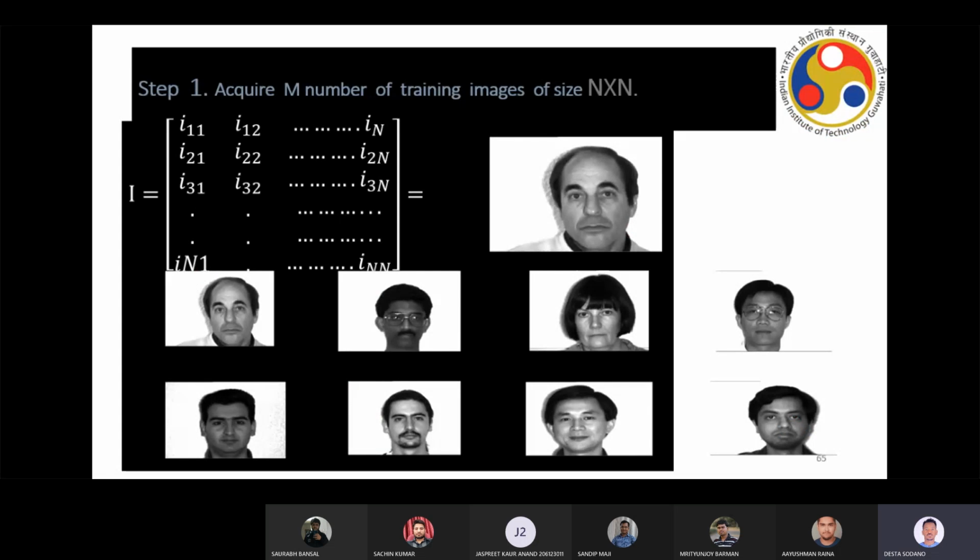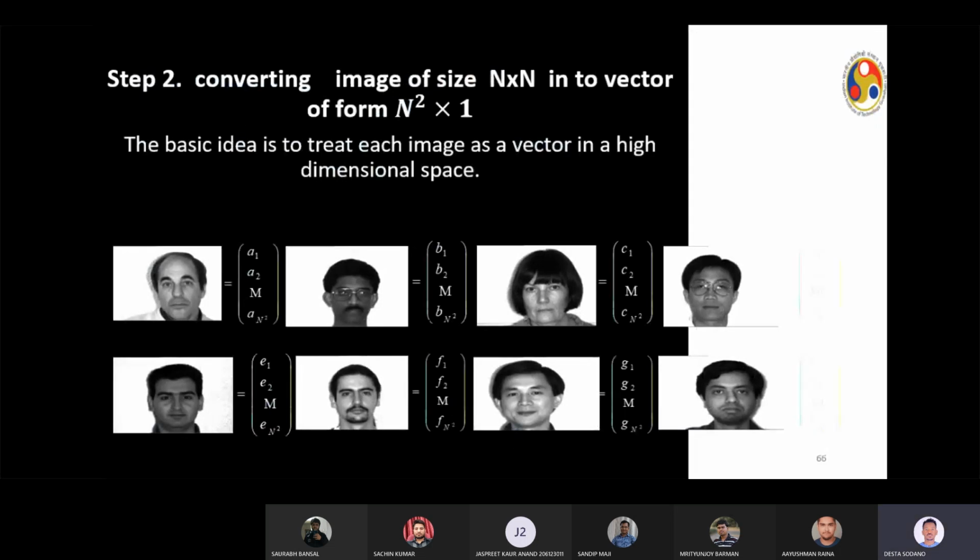This is the system of matrix. The first step is obtaining a core M number of training images. The second step is converting all images of size n by n into vectors of the form n squared by 1.